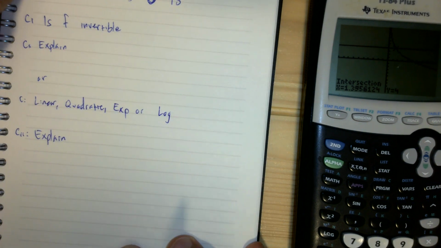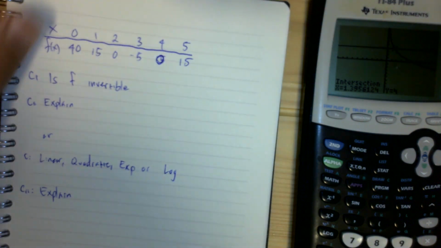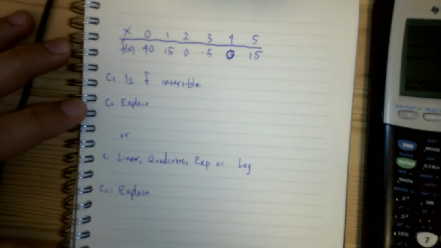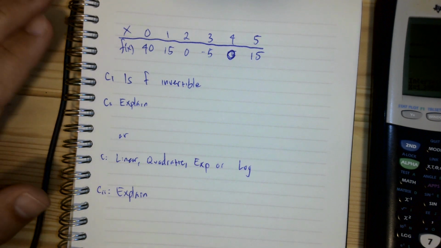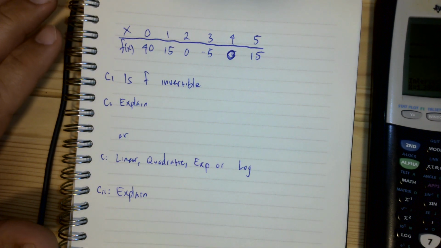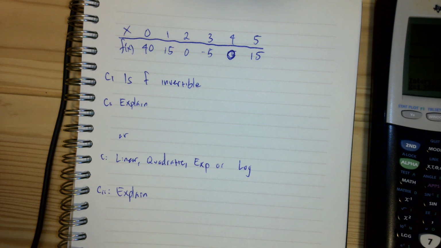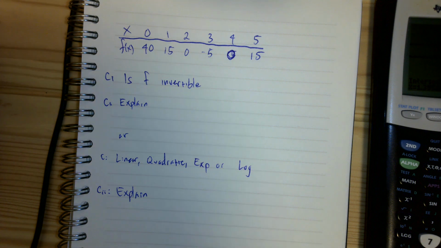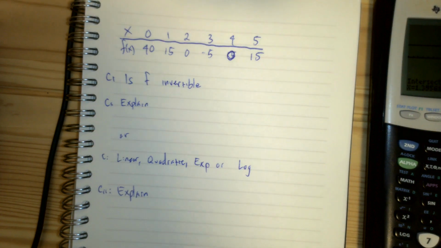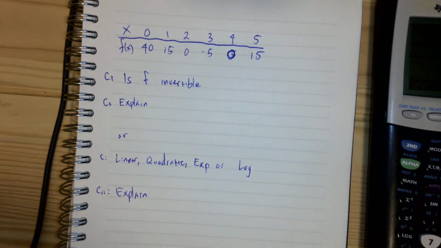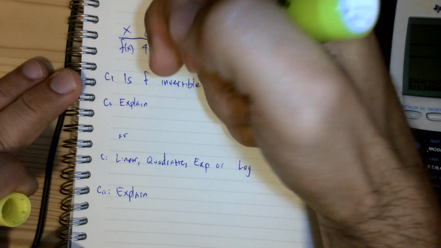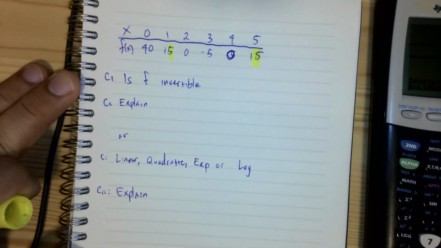When we go to part C, it's going to go back to f of x. That'll be your table or your graph. So one of the things they can ask you is the function invertible. So if you have a graph, you would do the horizontal line test to see if you cross more than one point. But here I have a table. So what I'm looking for here is repeat y values, 15 and 15.